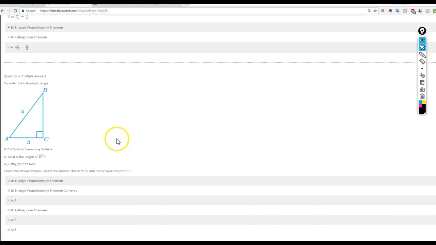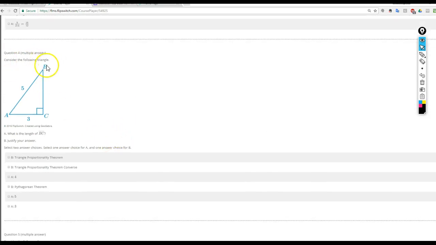All right, question 4. Consider the following triangle. What is the length of segment BC? Justify your answer. Noticing first in triangle ABC that we have a 90-degree angle marked here. That means that we could use the Pythagorean theorem to find our side length.